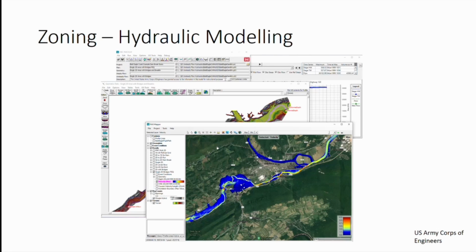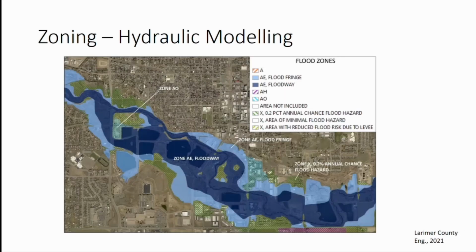And so with such a result, we can easily, with some post-processing in GIS, delineate the extent of the flood and separate them into the two zones, floodway and flood fringe.